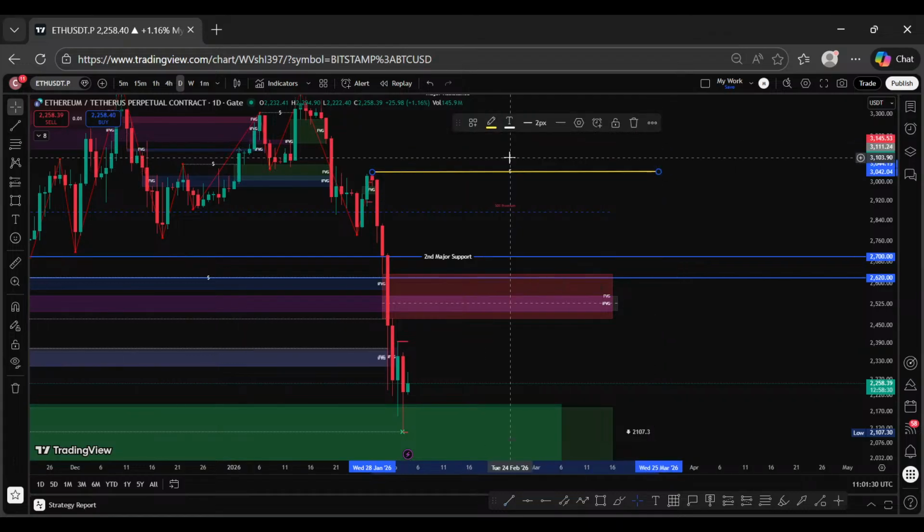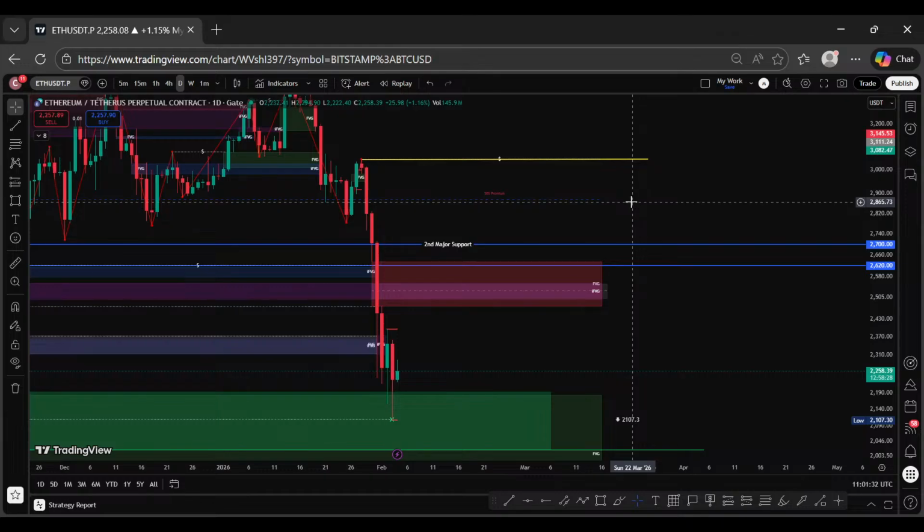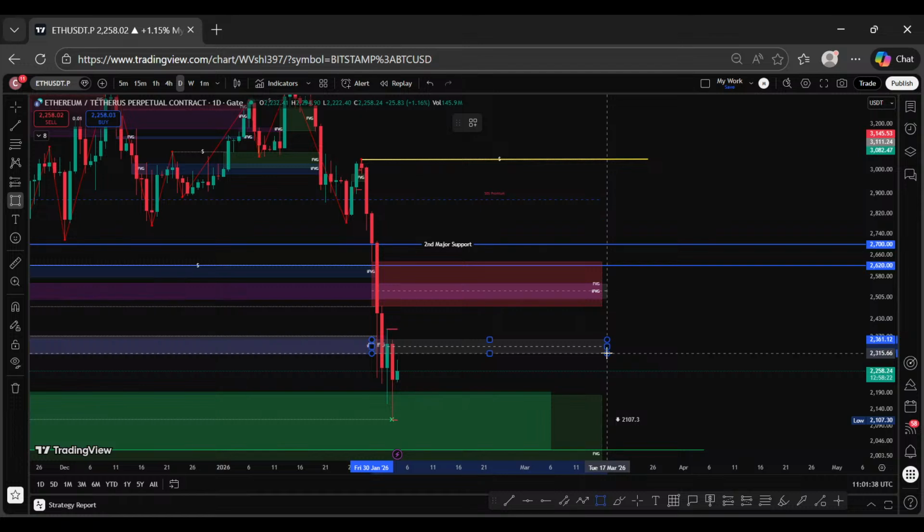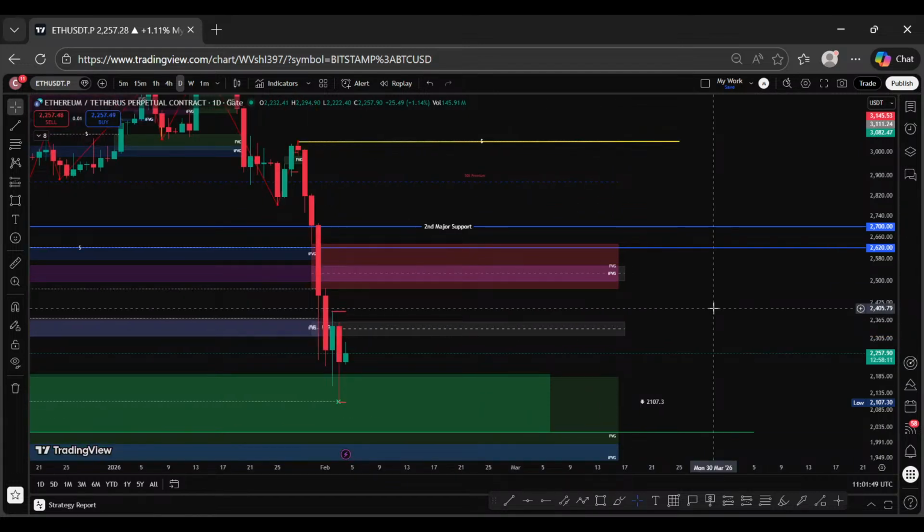I'm going to add it with the yellow curve. There's also a fair value gap here which I have found, our order block, 257. There's a clean FVG around the price, which price may revisit.